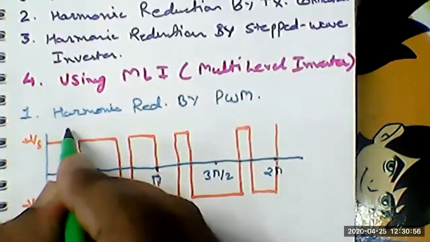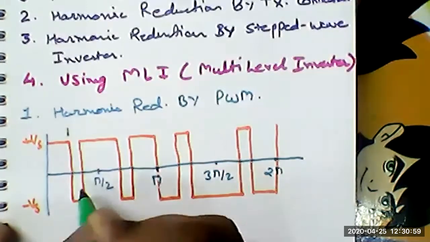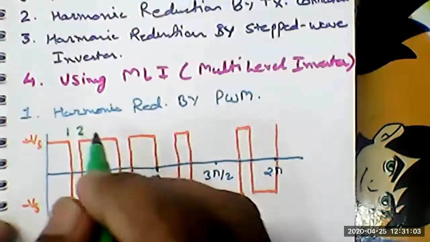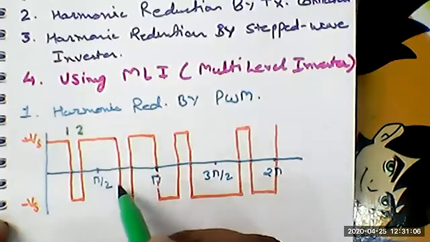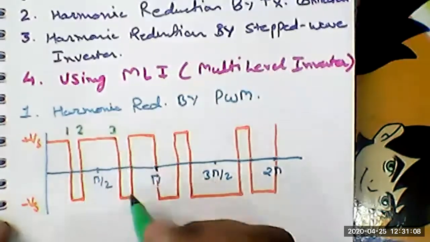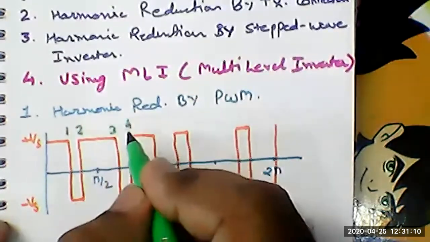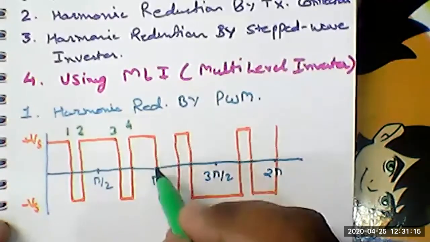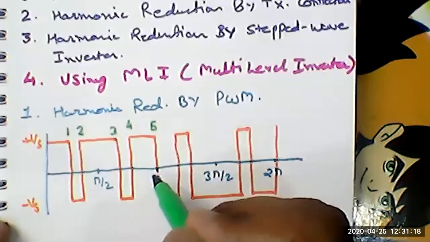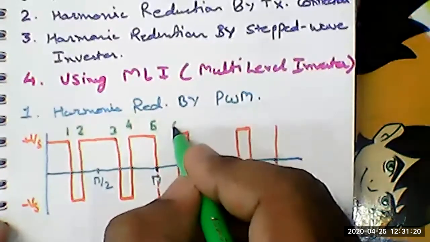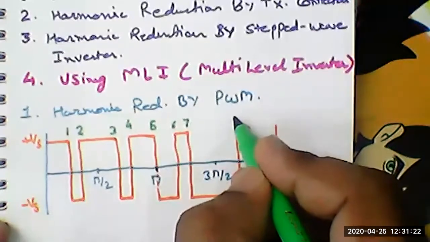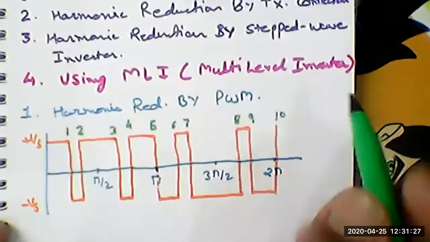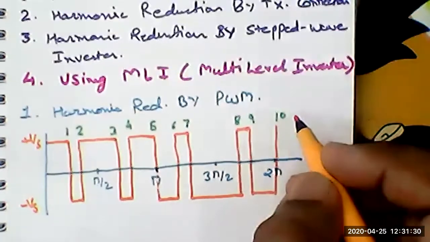Plus Vs to minus Vs, one switching, minus Vs to plus Vs, second switching, then plus to minus, third switching, minus to plus, fourth switching, then again plus to minus, that is 5 switching, then 6, then 7, then 8, then 9, then 10, right?